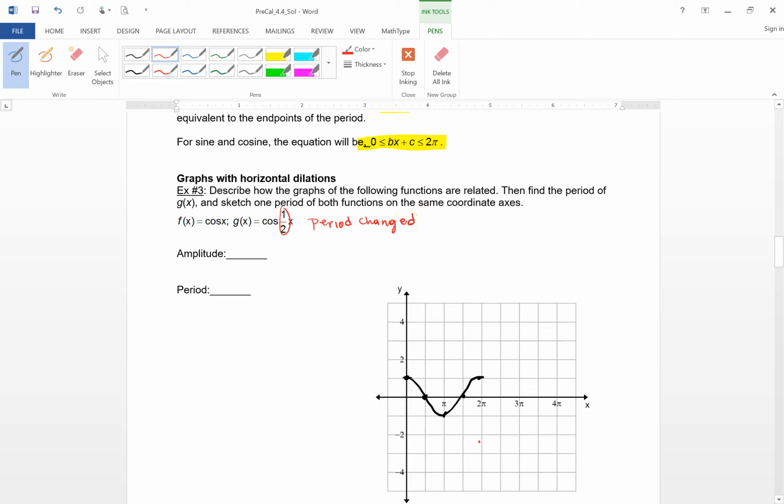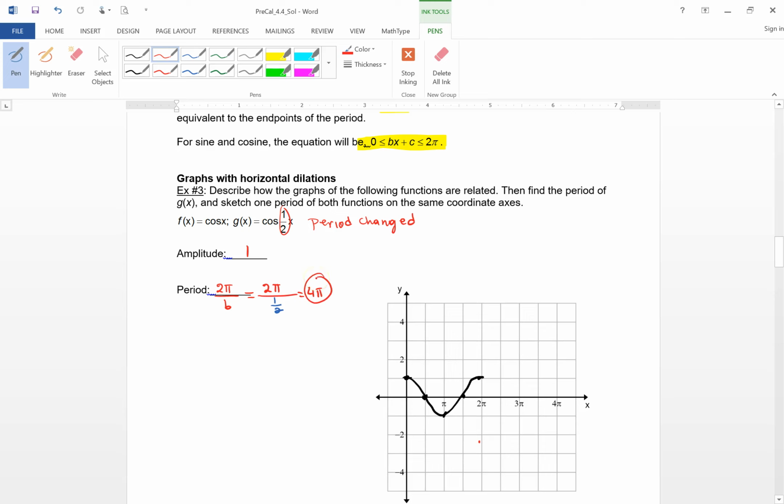Okay, what's the amplitude of this g of x? 1. Okay, so to figure out the period, you do 2 pi over b, which is 2 pi over 1 over 2. Which is how much? 4 pi. Because it's 2 times 2, 4 pi.